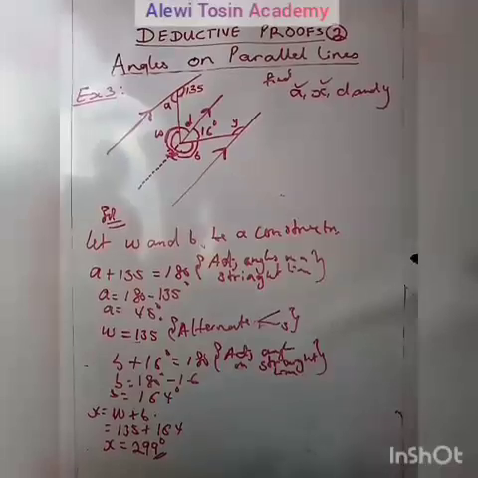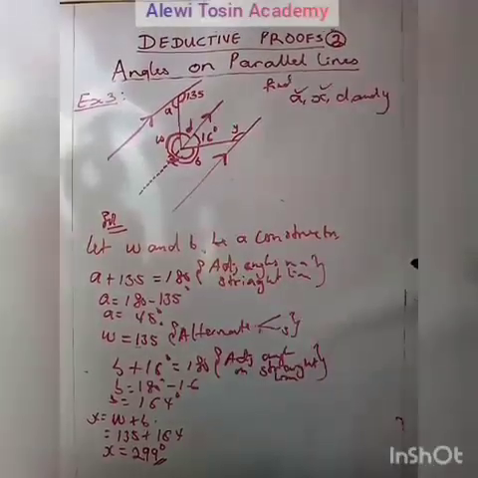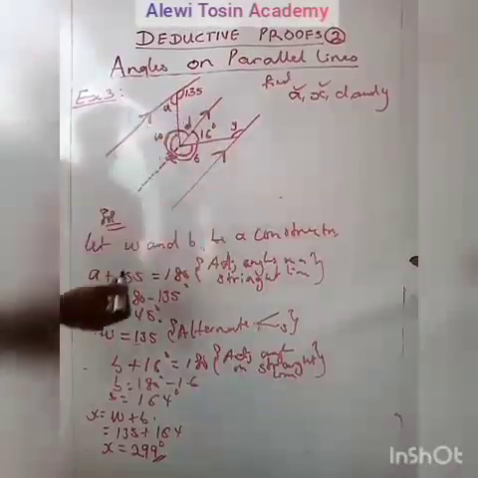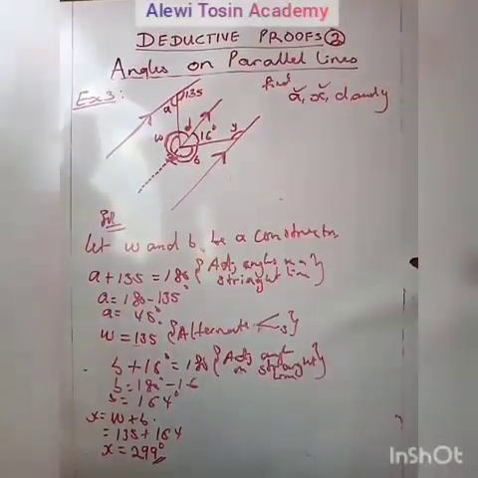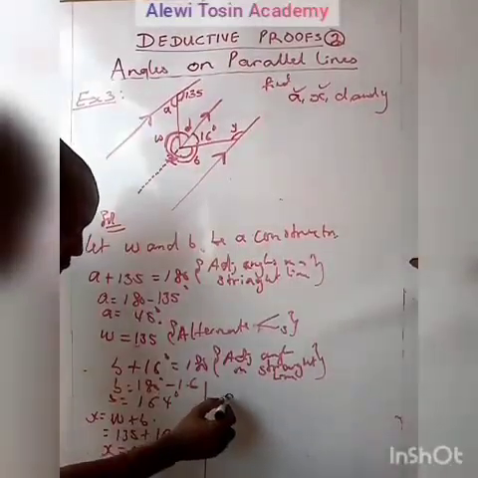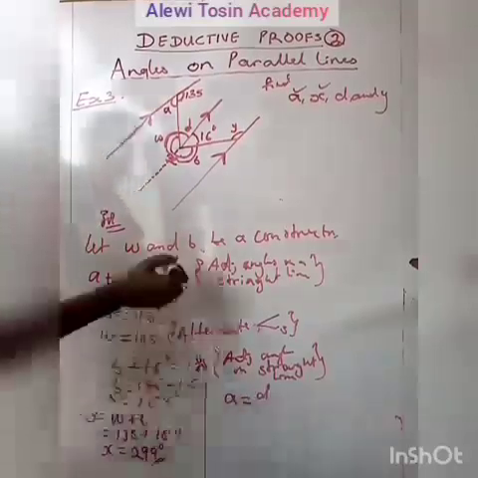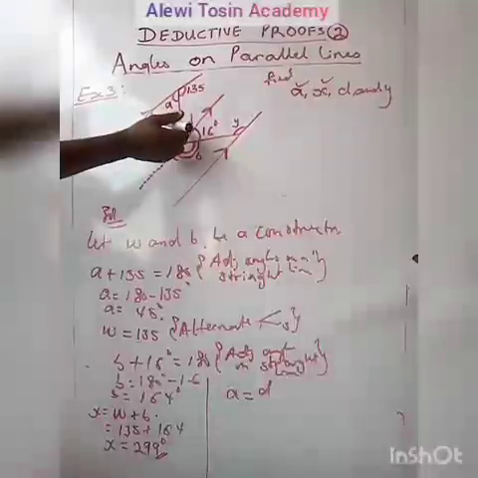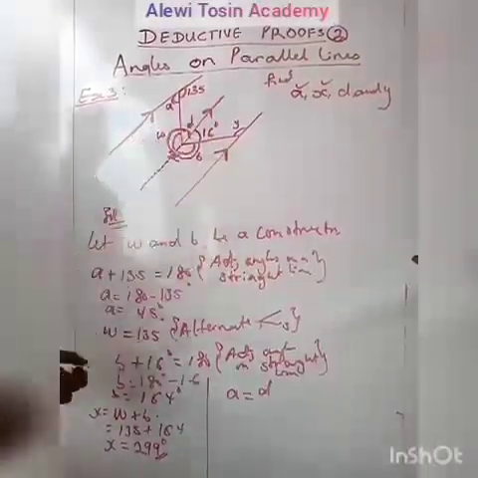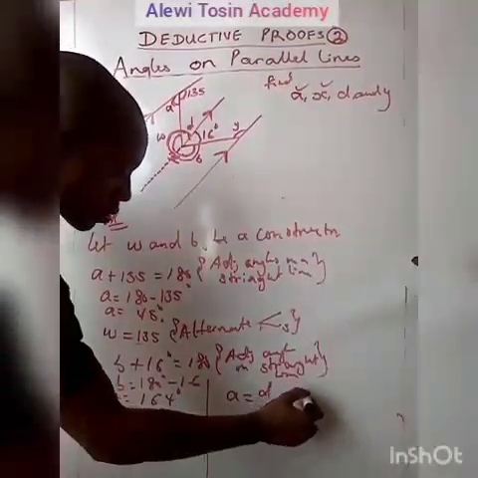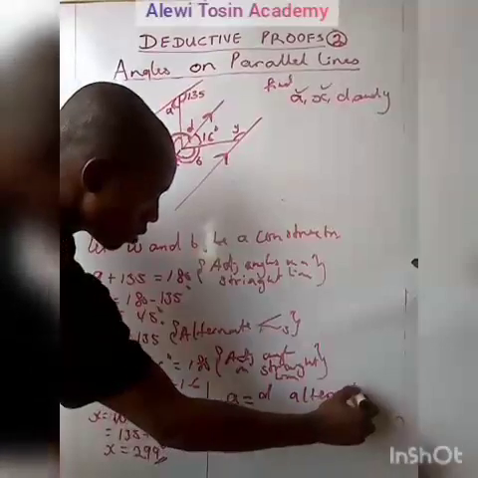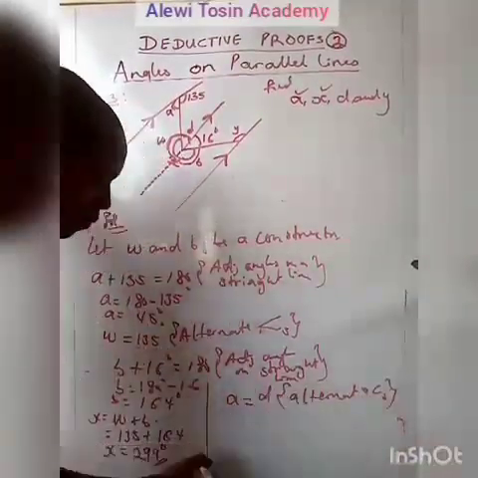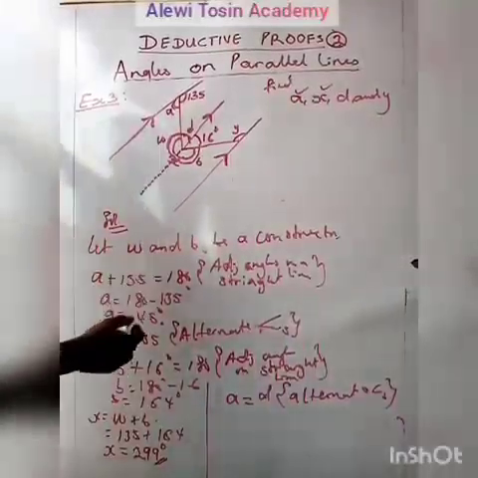Now, to find angle D, we can easily say that angle D is equal to angle A. Reason: they are alternate angles. And what is our A?